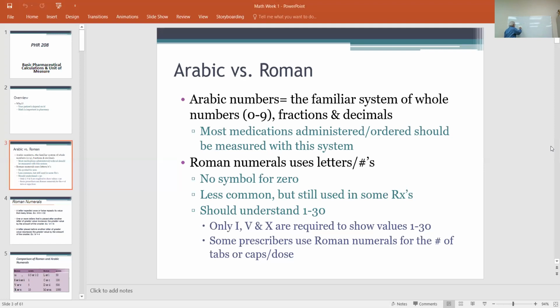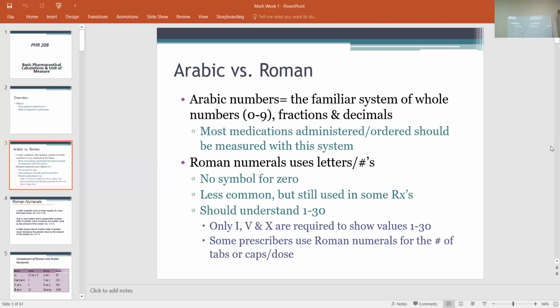The letter V equals 5. The letter X is 10. Now there are more. L is 50. C is 100. M is 1,000. Rarely will you see this in medicine, if ever.